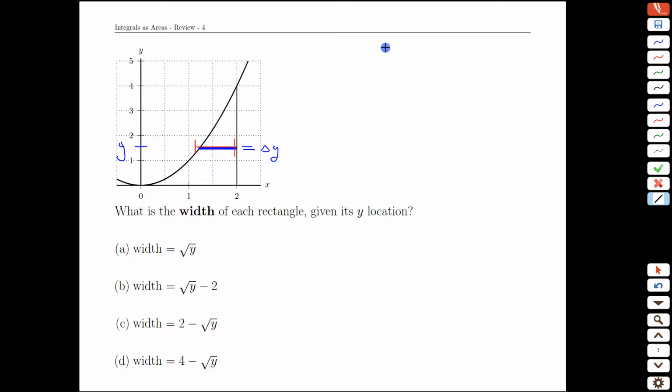All right, let's do a quick comparison here with what we did before. When we had the parabola like this, and we took a height of a rectangle, it was a y value. I'm going to generalize this from what we did before. We had a high y value, and then we had a 0 value down here.